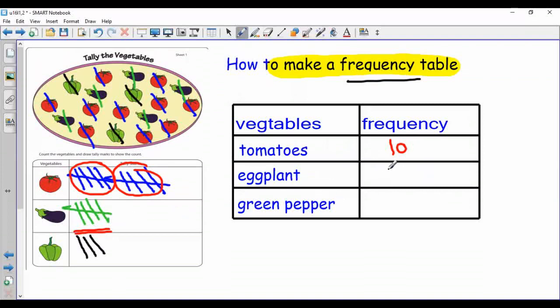Here is 5. So the frequency of eggplant is 5. The green pepper has 3 tallies. So the frequency of green pepper is 3. And this is how I can make a frequency table. First, make a tally chart for your data, then count the tallies and put them in a frequency table.